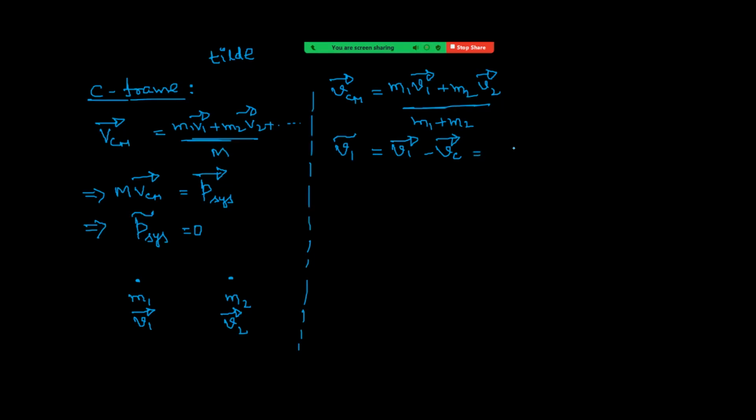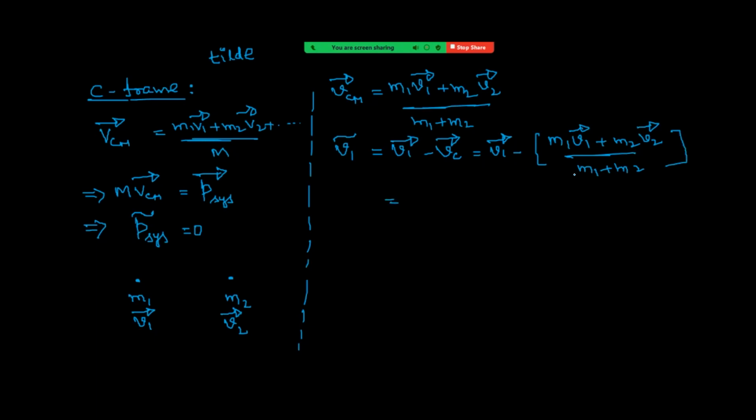Then see what we get. V1 bar minus, in place of VCM bar, write M1 V1 bar plus M2 V2 bar upon M1 plus M2.